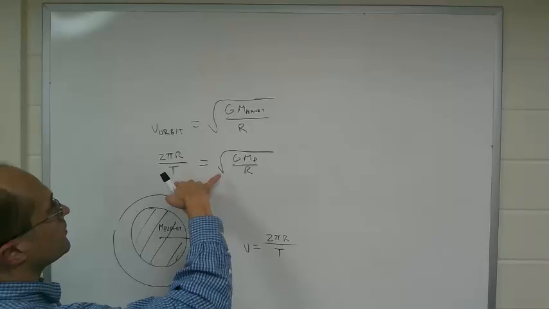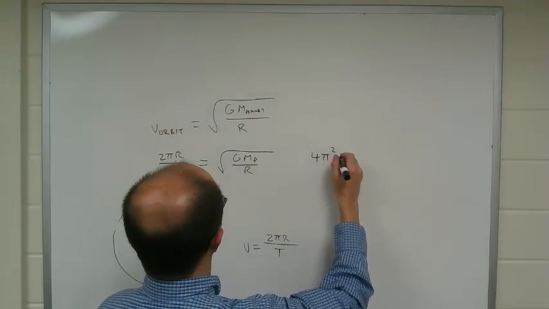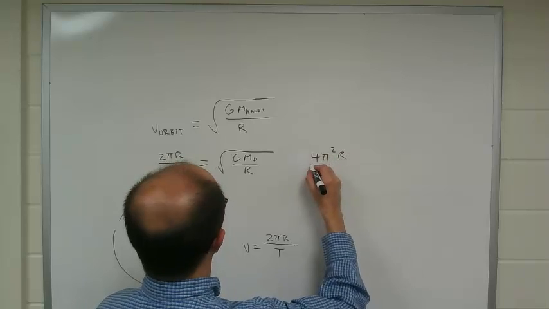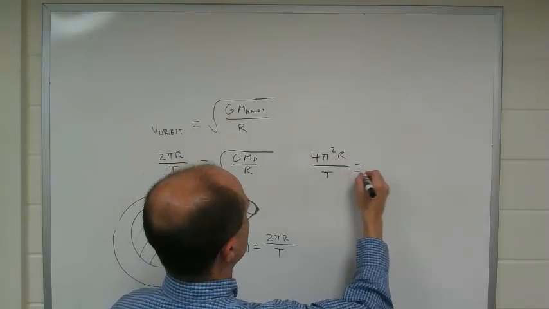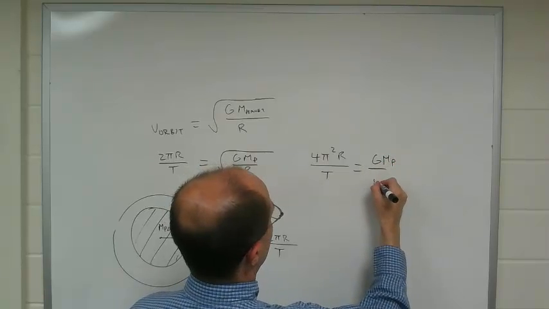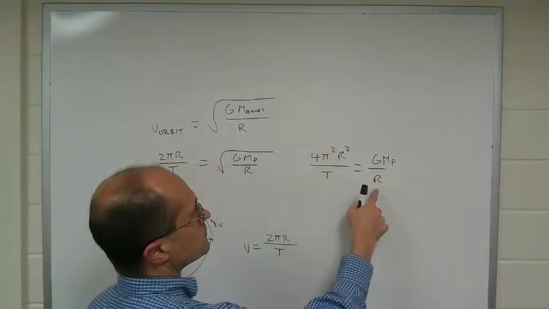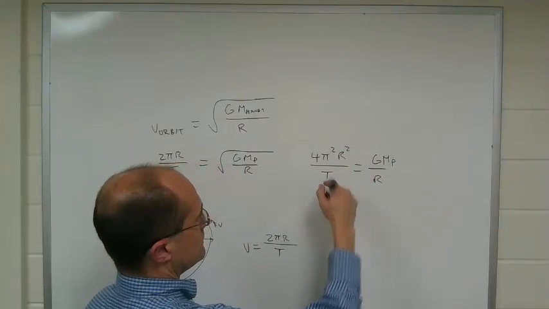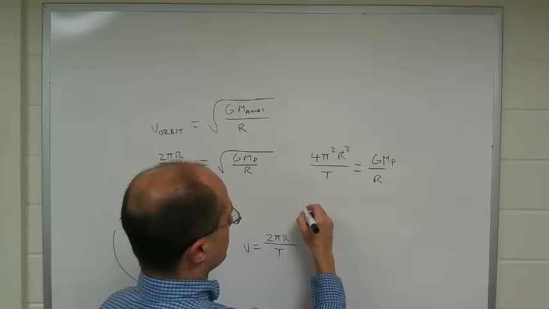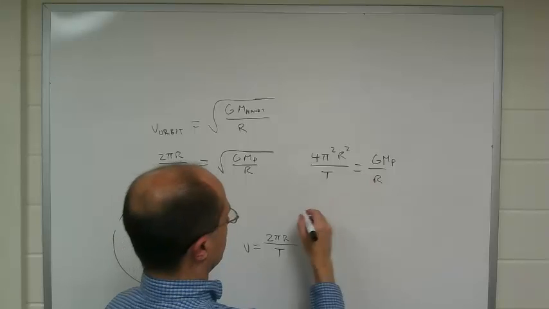So if we square both sides to get rid of this, we see that it's 4 pi squared r squared over T squared equals big G, mass of the planet, over r. Oh, this is squared. Okay. So we'll cross multiply, the r will go over here, the T squared will go over there.